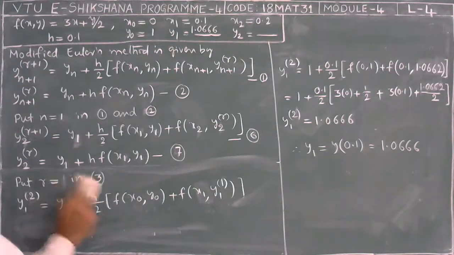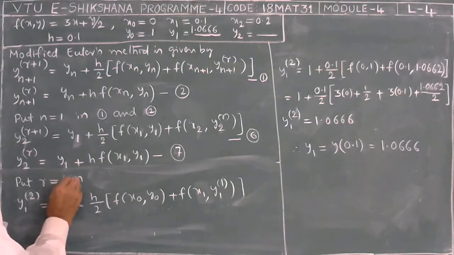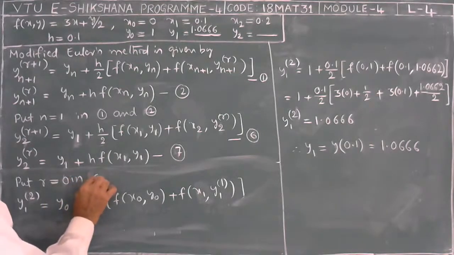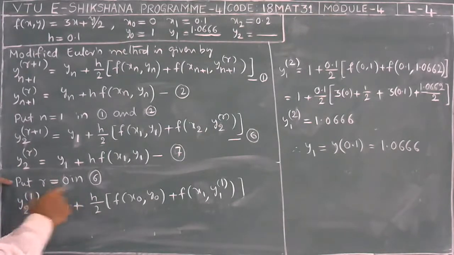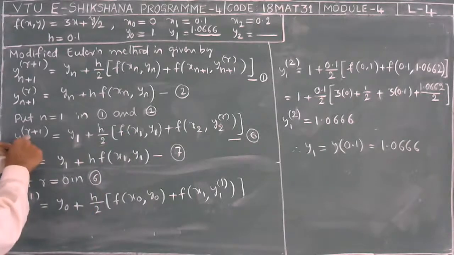Okay. So put r is equal to 0 in 6. What do you get? When r is 0, I get y2 1, put r is equal to 0 in 6, I get 0 plus 1.